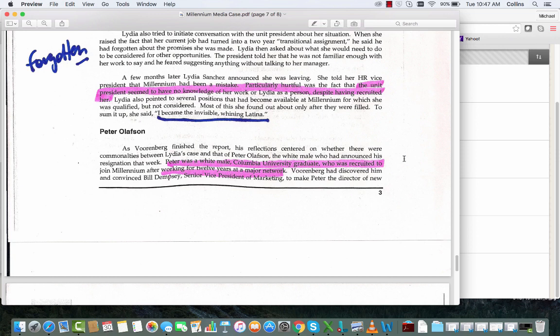Now, keep in mind that the viewpoints of all of the actors are not necessarily valid. They do throw some red herrings out there. So it's up to you to figure out what that is. And that may involve outside research or carefully reading the case.